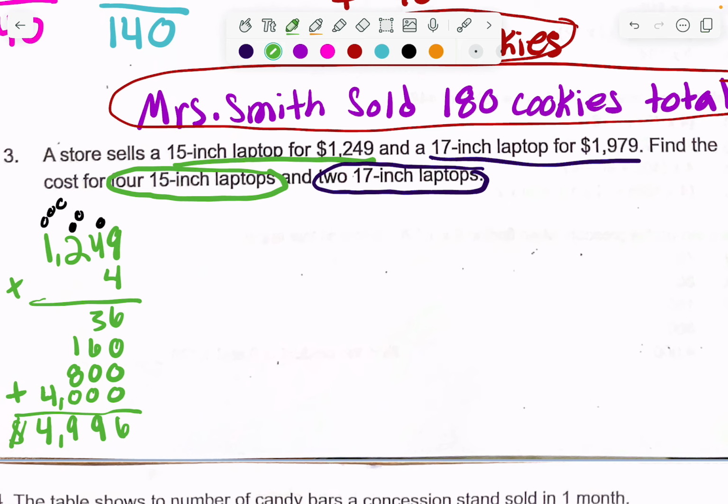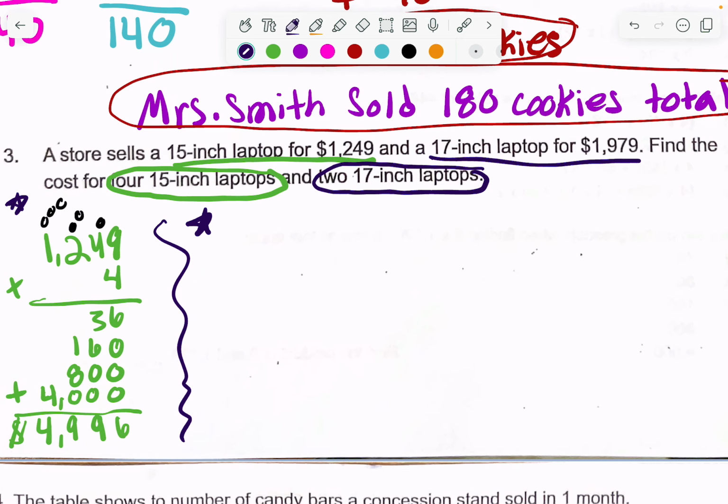Now I need to figure out how much it costs for 2 17-inch laptops. So this is just a different method of doing this. I did partial products right here. Over here, I'm going to be doing a different method.